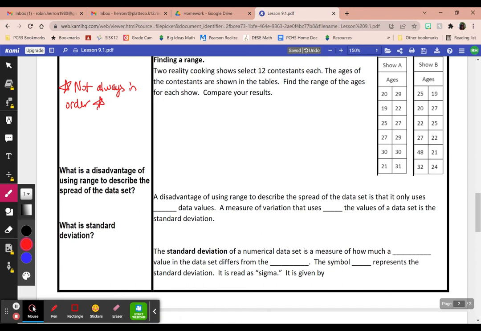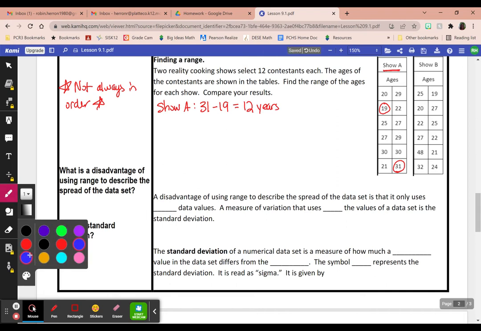So if we look over here, show A has a low value of, it appears to be 19, right? And then a high value actually is the last one here, which is 31. Okay, so for show A, we are going to have 31 minus 19, which gives us 12 years as the age range for this cooking show, right?